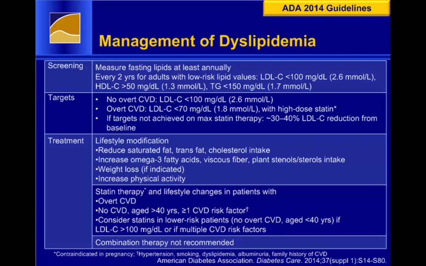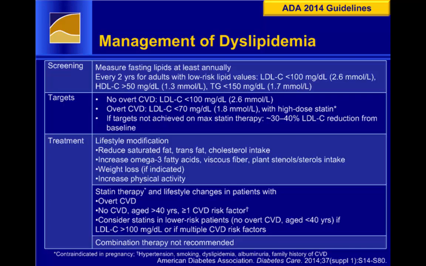Remember that your main target level for dyslipidemia is your LDL. If you do not have CAD or a CAD equivalent, you could be less than 100, but if you do have a stroke or cardiovascular disease or many compelling indications related to cardiovascular disease, you must be less than 70.